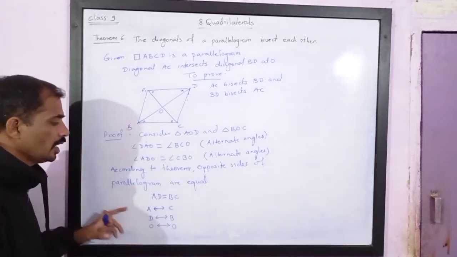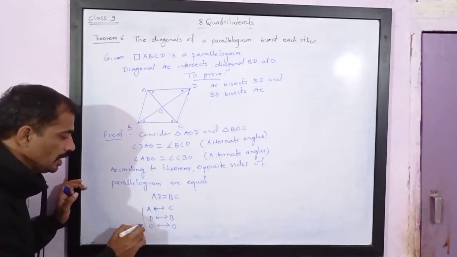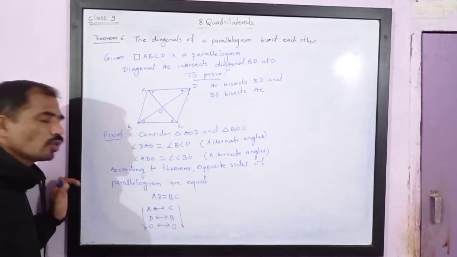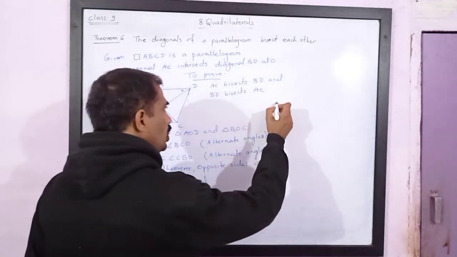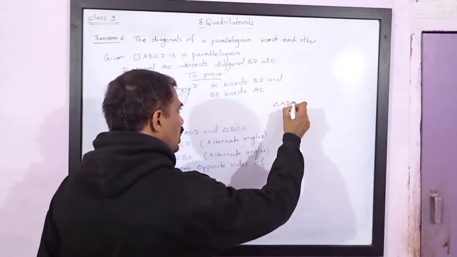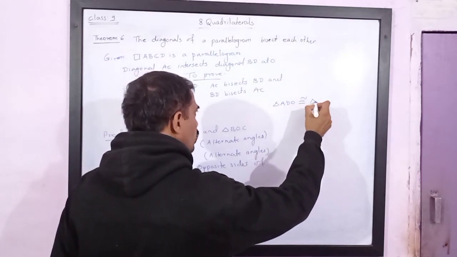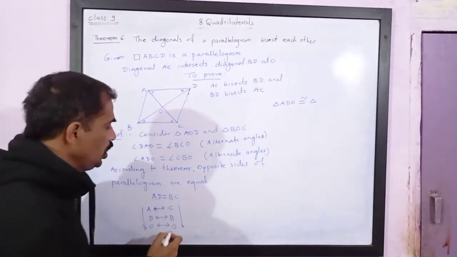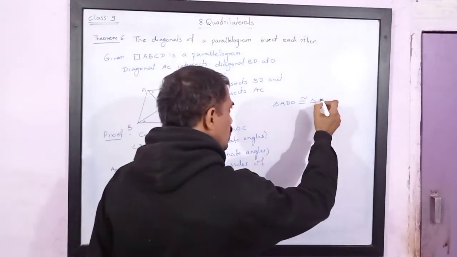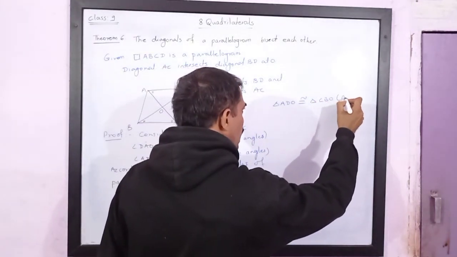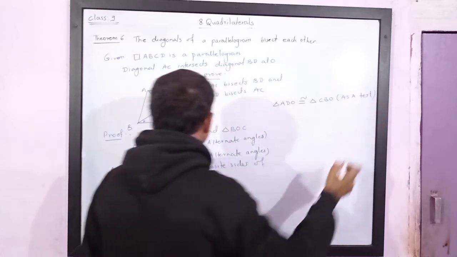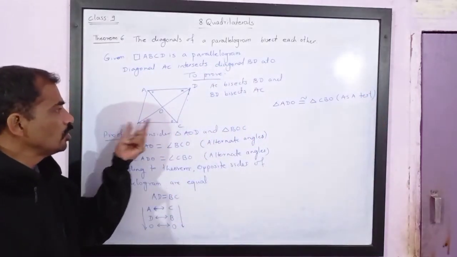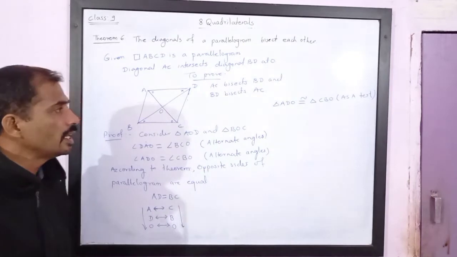It means triangle ADO, if you write in this sequence, right hand side also must be written in the same sequence. It means triangle ADO is congruent to triangle CBO by angle side angle test. Please note, side is included by the two angles, so it is ASA test.